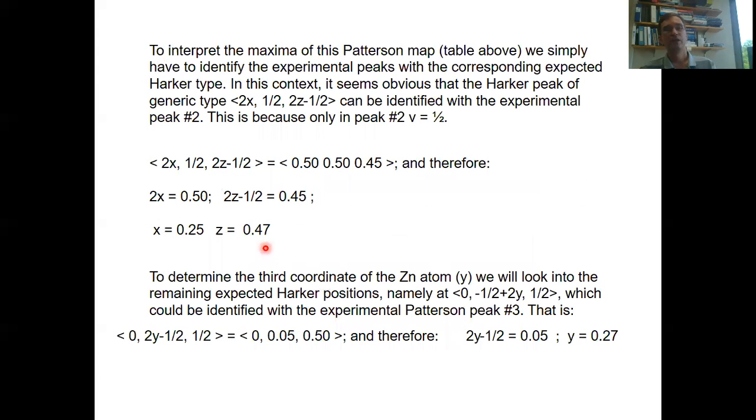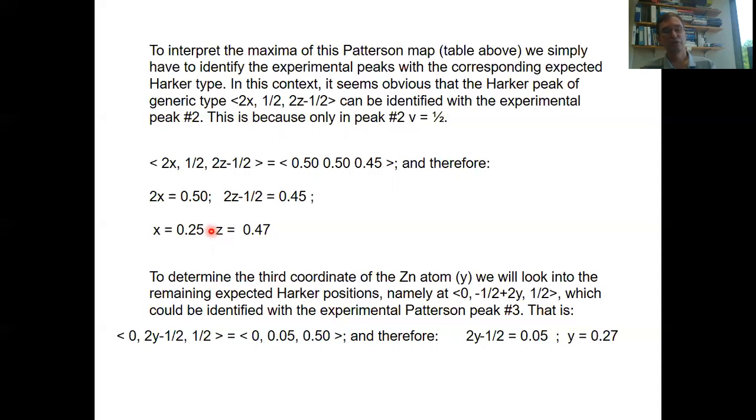All right. Now we can easily solve this equation for x, then x is equal to 0.25. And we can solve this equation for z, which is equal to 0.447. Now you see that magically we have found the x and the z positions for our zinc atom within the unit cell.